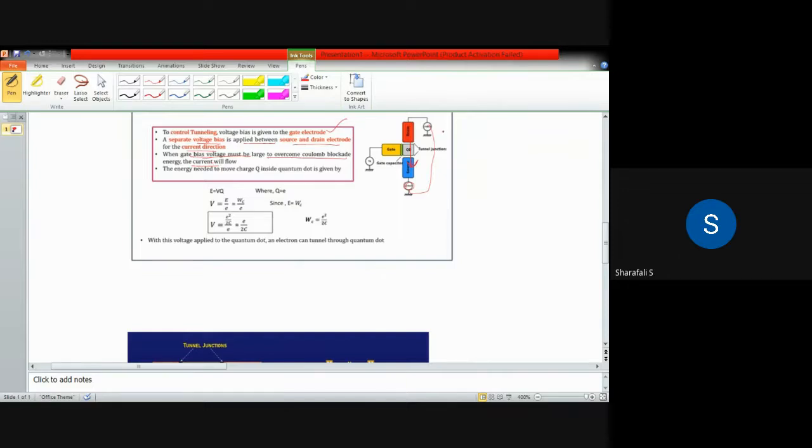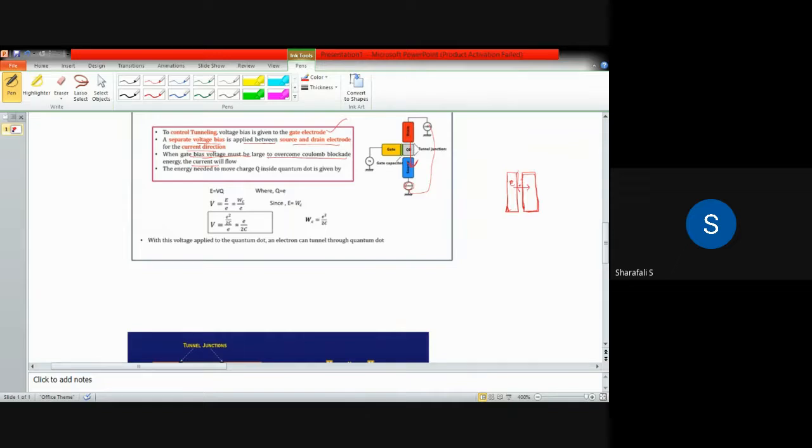So as we discussed, if you consider the case of two conductors like this, separated by a very small insulating layer in between, electron movement from this side to the other plate, the second conductor, is possible through quantum mechanical tunneling.